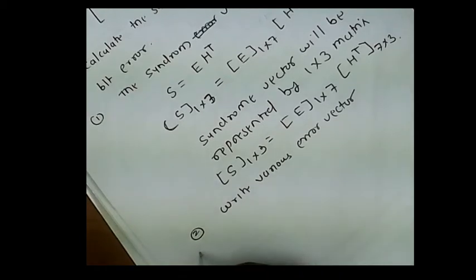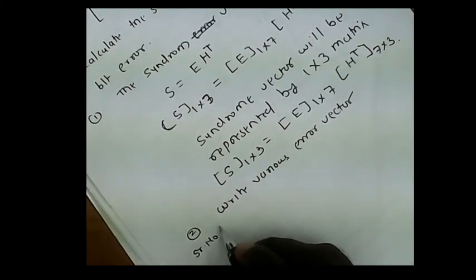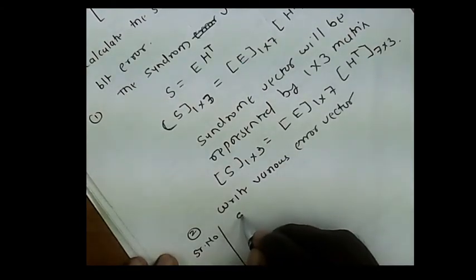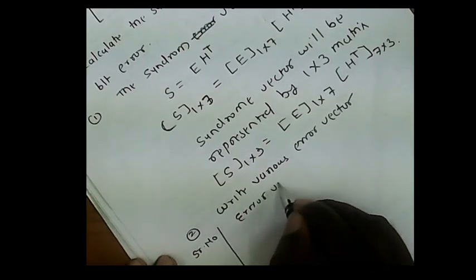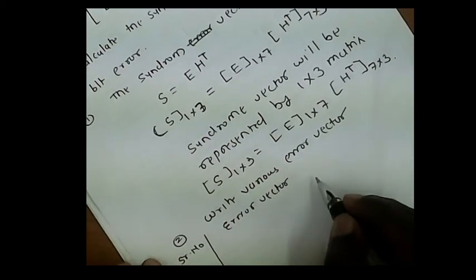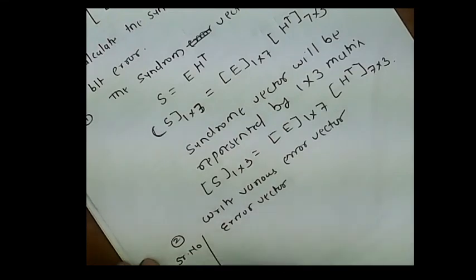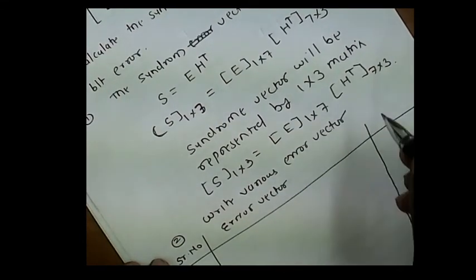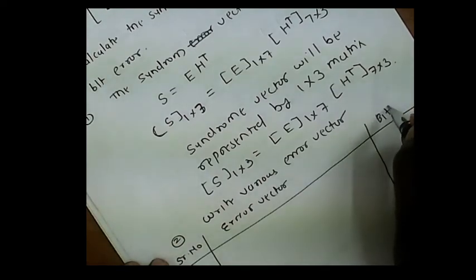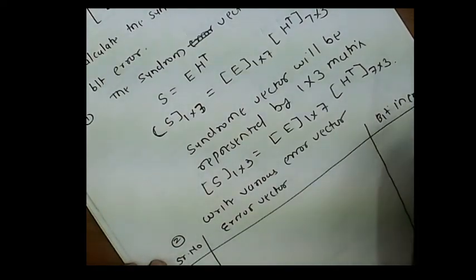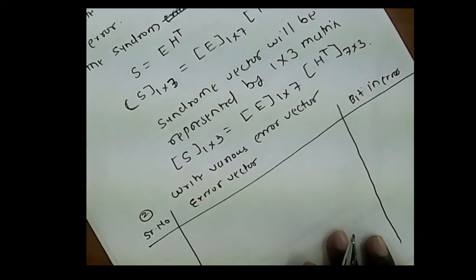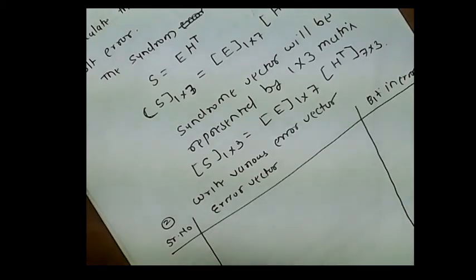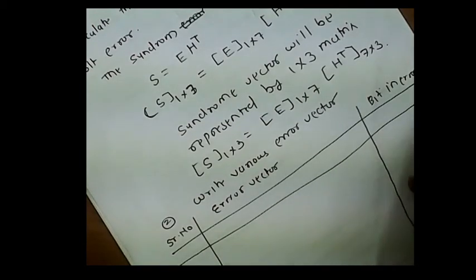So we can write down the table: serial number, then error vector, then bit in error. Here, remember that the dimension of the code is 1 by 7. So there are 7 different positions where a single bit error will occur.